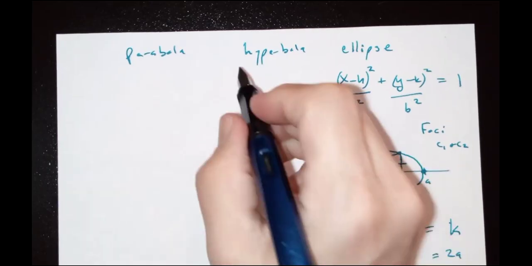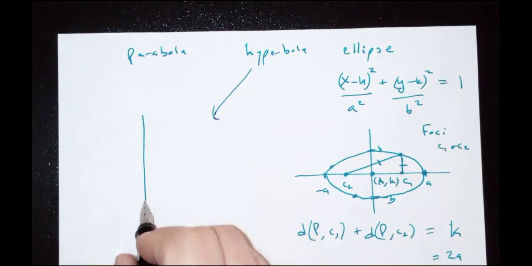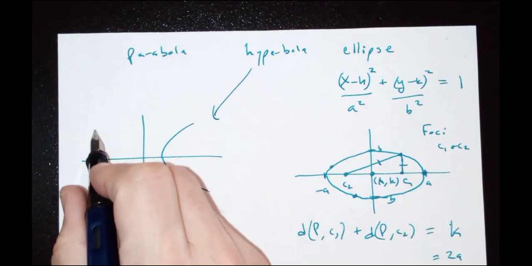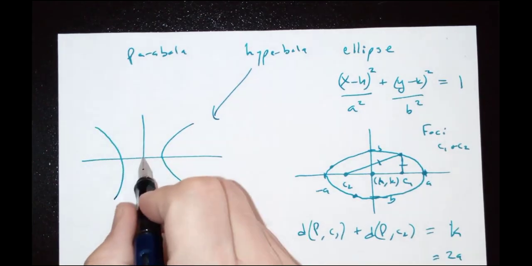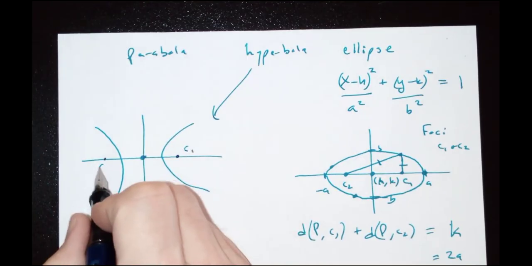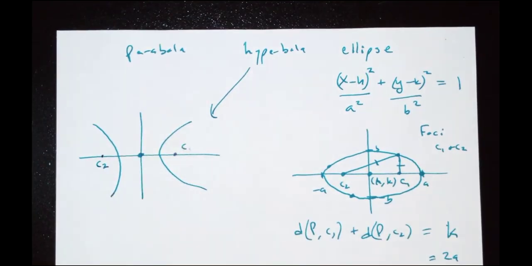For a hyperbola, I'm going to see something like this. Now, this particular hyperbola is going in the x direction. I could just as easily have one that went up and down in the y direction.